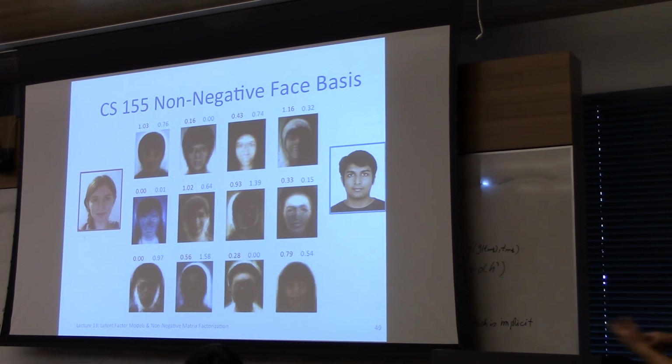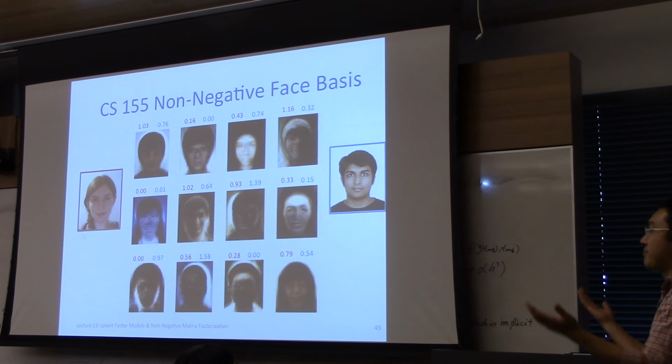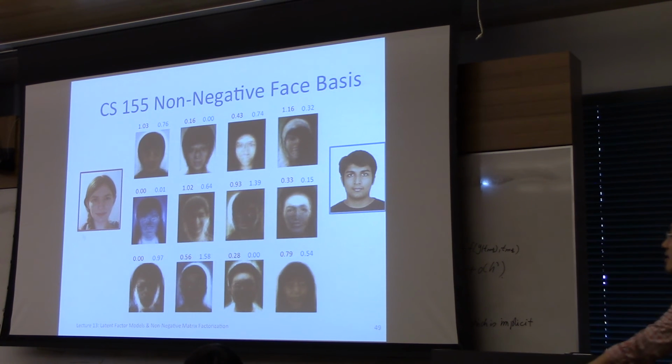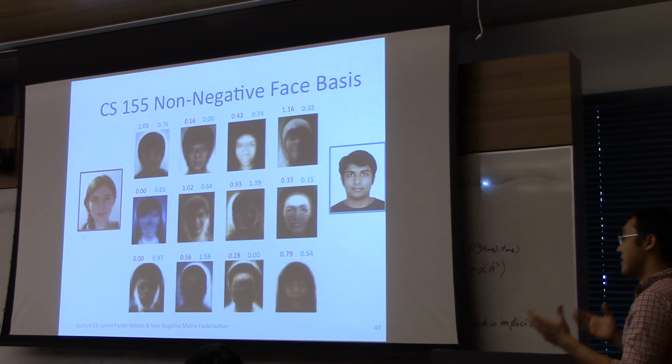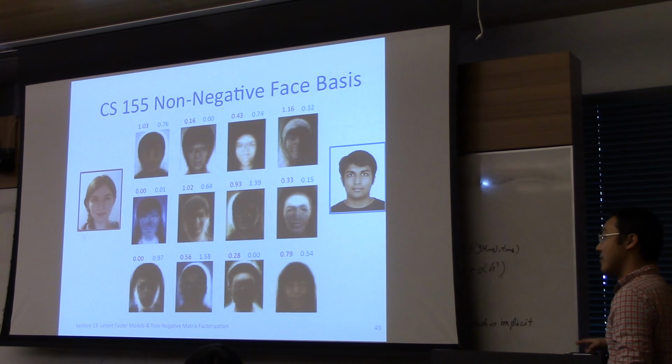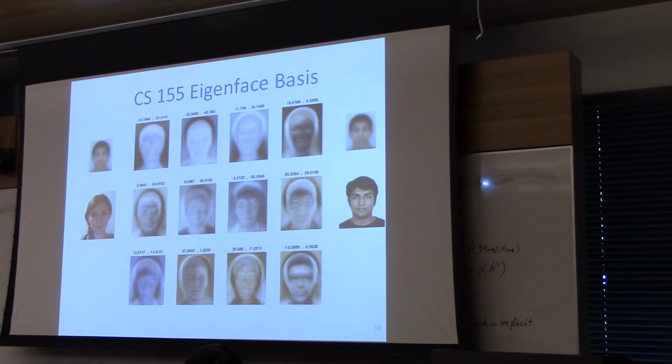In singular value decomposition, if you take the top K versus the top K plus 1, the top K is a subset of the top K plus 1, by construction, by proof. In non-negative matrix factorization, that is no longer true. So if you pick K equals 12 versus K equals 6, the bases could look very different. So you have to choose K beforehand and then rerun over and over again.